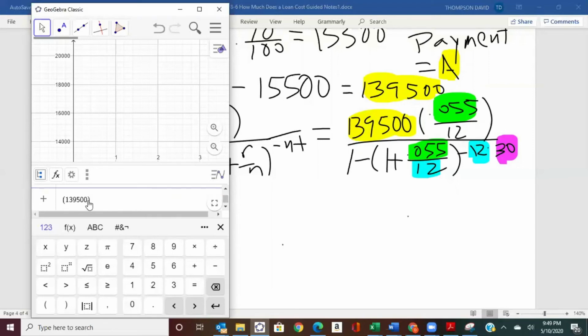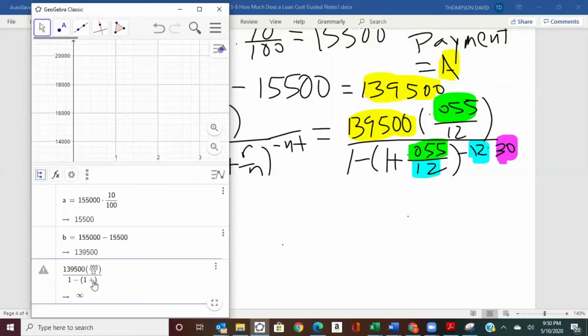Make a new parentheses, 0.055 divide 12, go outside the parentheses now, divide 1 minus, make a new parentheses, 1 plus 0.055 divide 12.